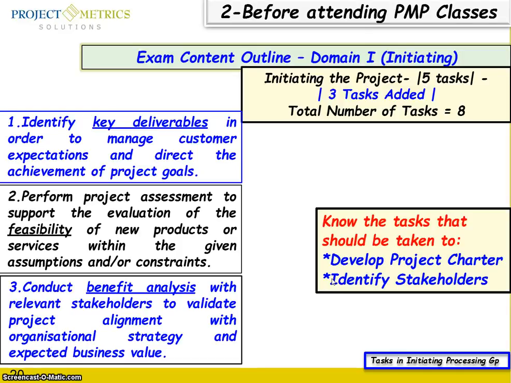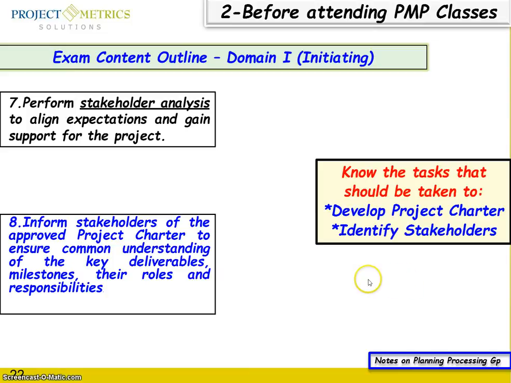I put them in blue. You know what tasks you have to work on to develop the project charter, what efforts you have to make to accomplish getting the project charter. The same thing with identify stakeholders: what you have to do to identify your stakeholders.